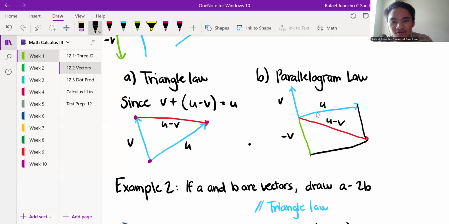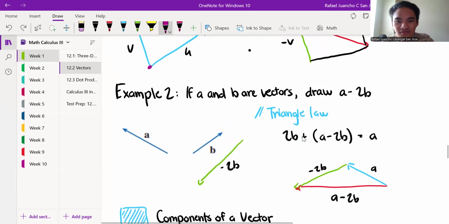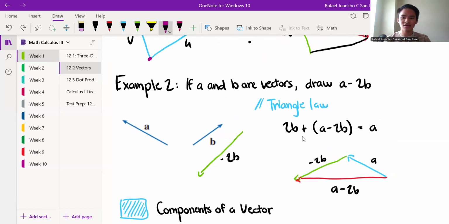And then we have this parallelogram law too. So we have our u, we have our v, and then we get the opposite, and then we have our u minus v in between, and then we just connect it, right? Okay, if a and b are vectors, draw a minus b, minus 2b. So we're given A and 2B.